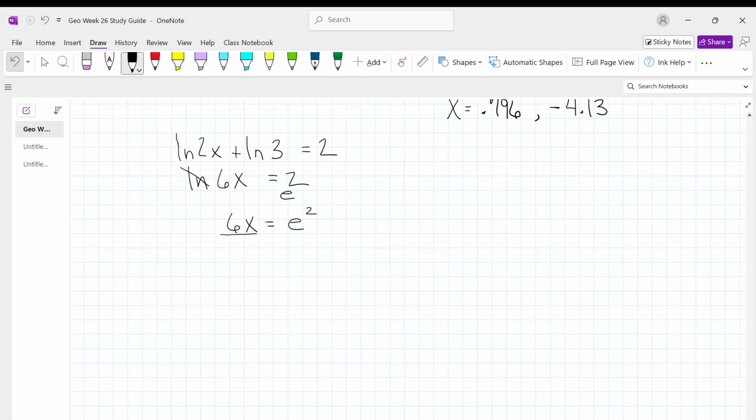And then divide each side by 6. So our x is equal to 1.232.